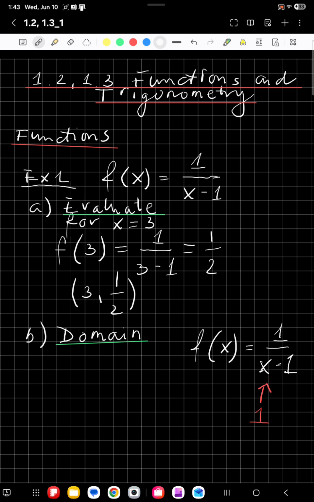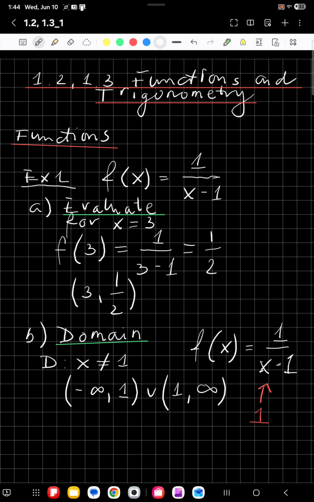So we could do it in a couple different ways, right? We could write it, maybe that would be the simplest way. So x just cannot be 1. Okay, so that's one of the ways. Another way would be interval notation. So I would go all the numbers from negative infinity all the way to 1 are possible. Then I'm excluding that 1 using parentheses, then I have a connector OR, and then I go 1, again excluding 1, so all the numbers close to 1, of course on the right side this time, and then to positive infinity.